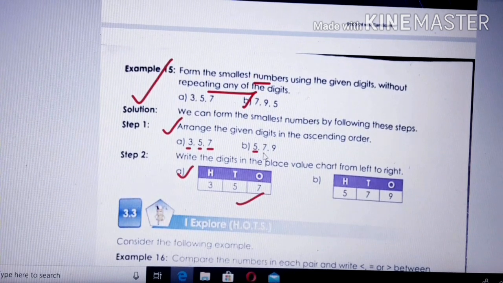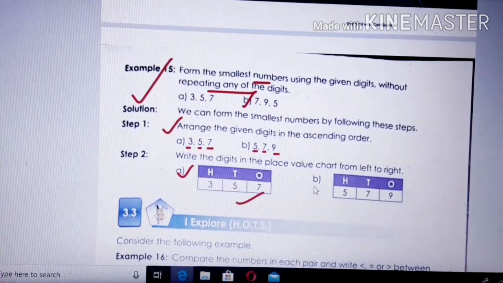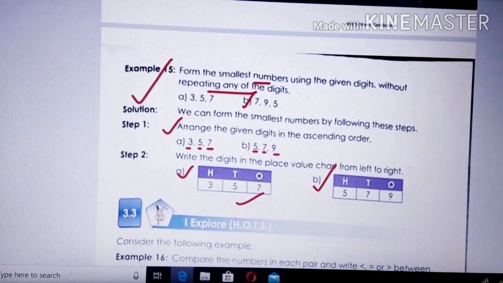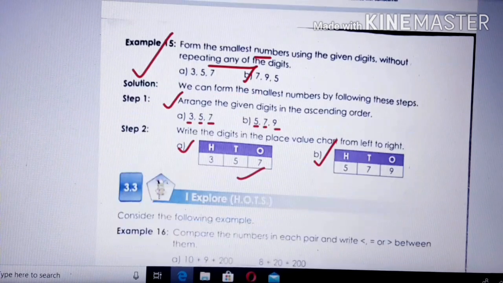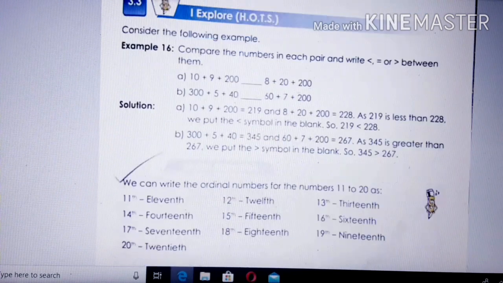First you write 5, 7, 9. Now place them in the place value chart. You get 579. Is it clear how to form the greatest number and the smallest number with the given digits and without repeating? So example 16, you can see, children.